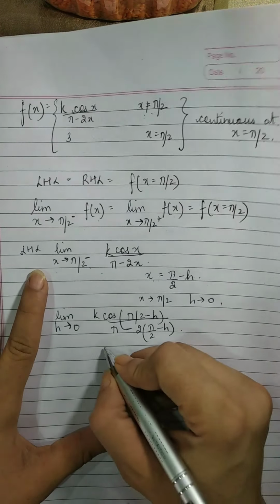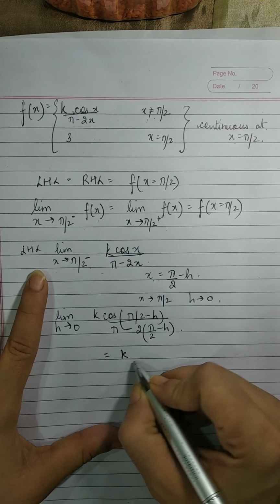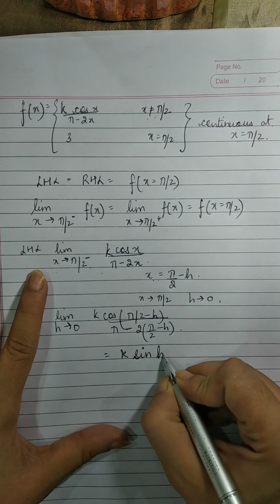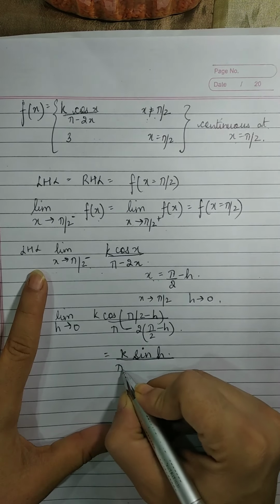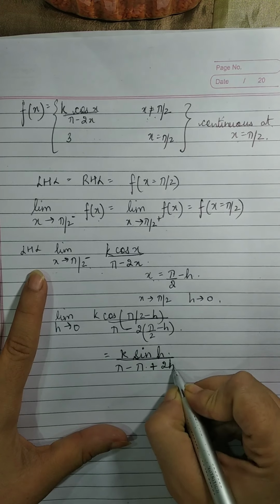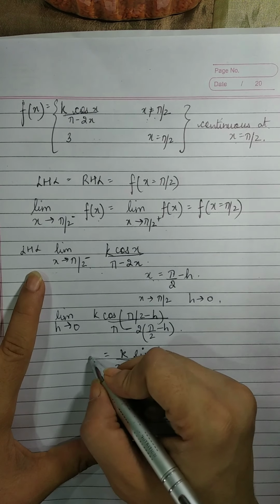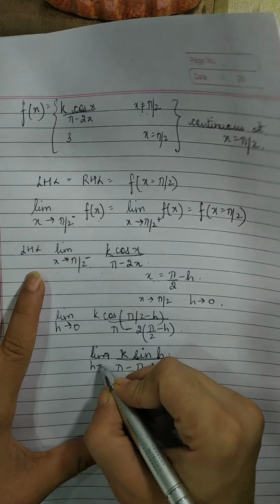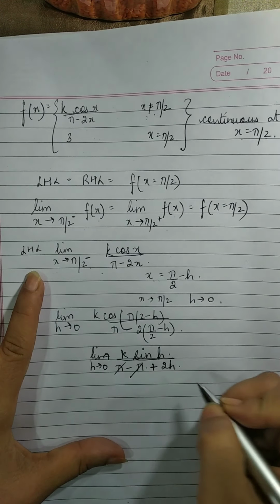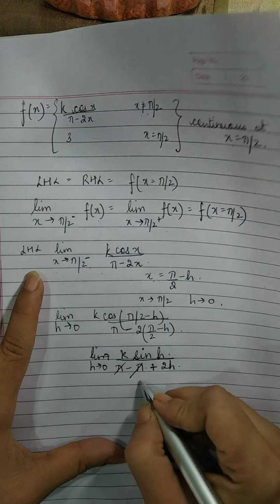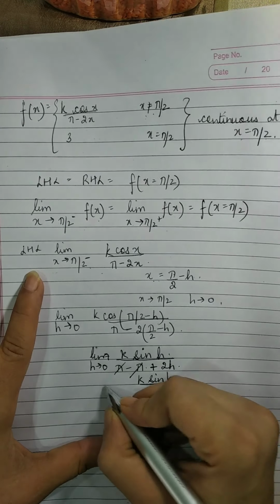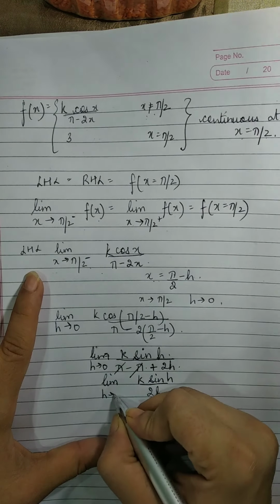Right? So this is k sin of h upon pi minus pi plus 2h, right? And this is limit h tends to 0.